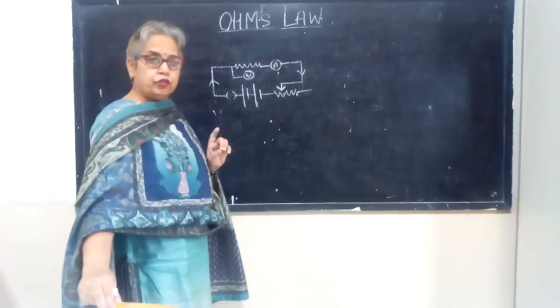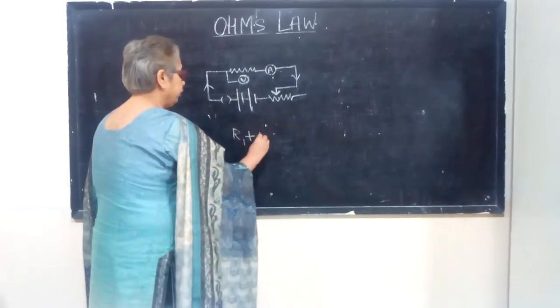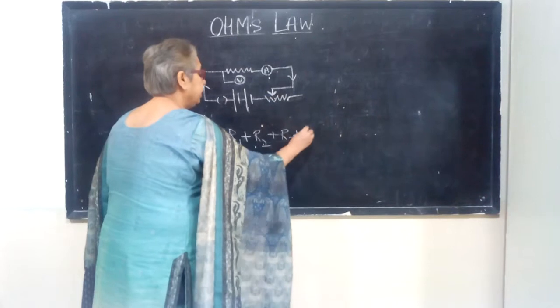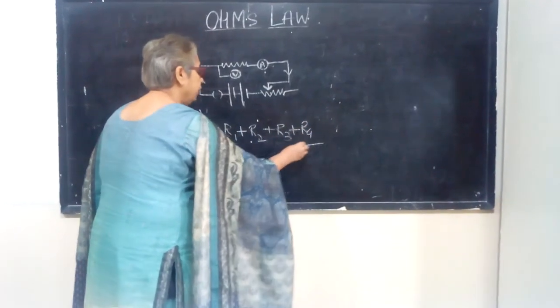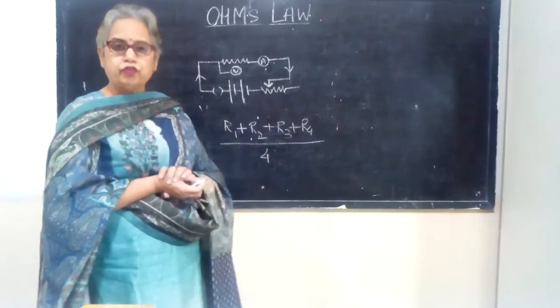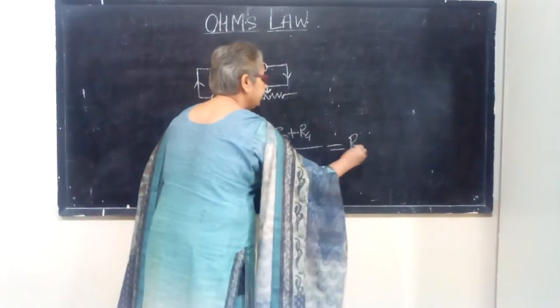So what you need to do is find R1, then R2, then R3, and then R4, and then take the average mean of these 4 readings, and the answer will be the resistance.